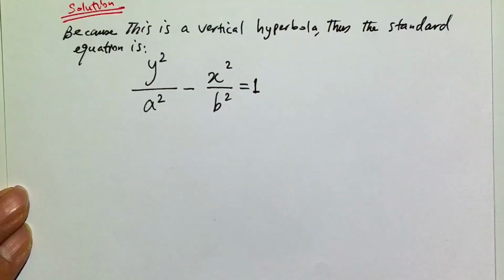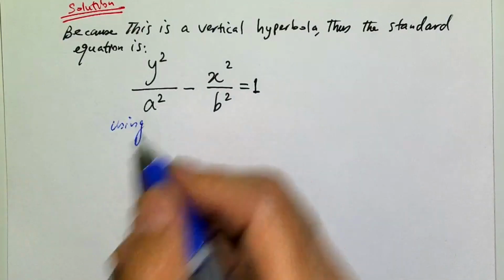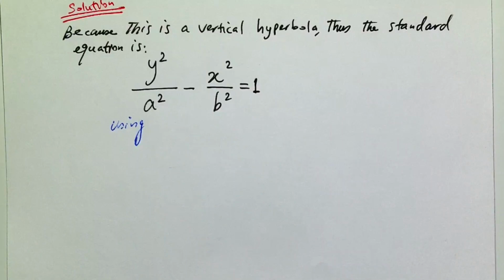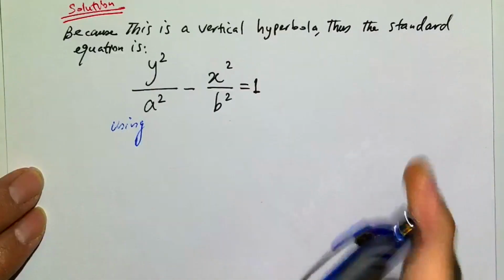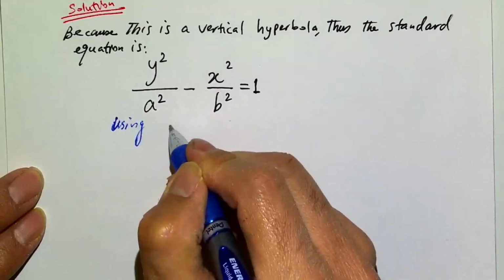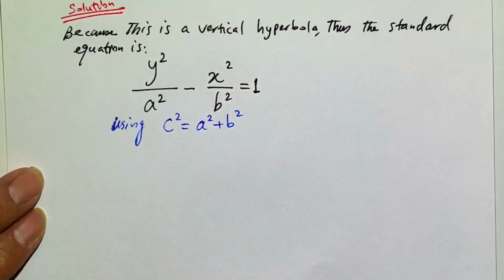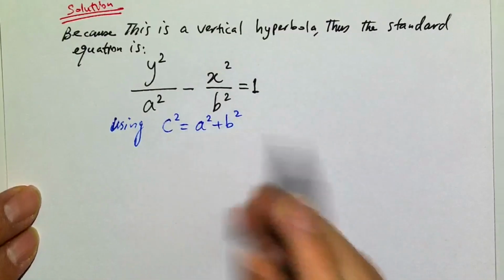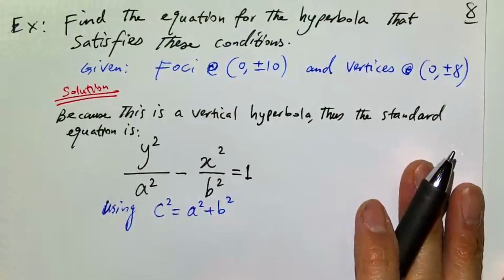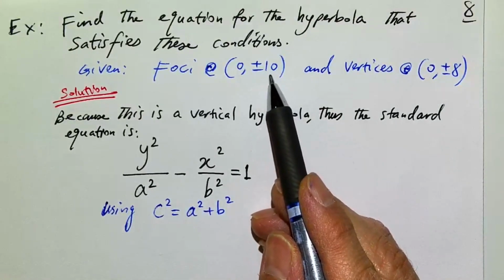So using this equation, c squared is equal to a squared plus b squared, then we can say that c is already, we know it's equal to 10.